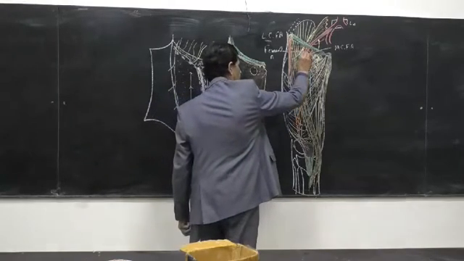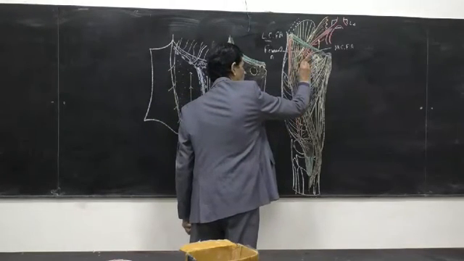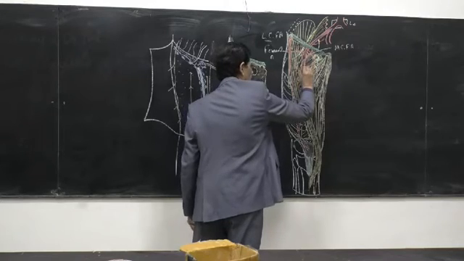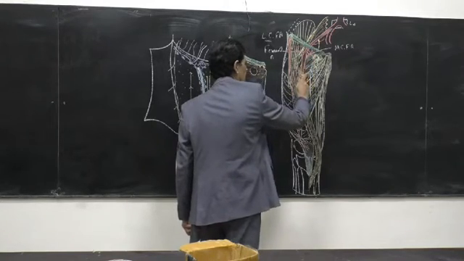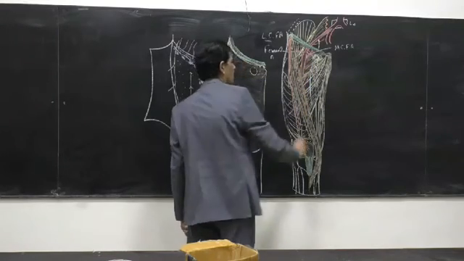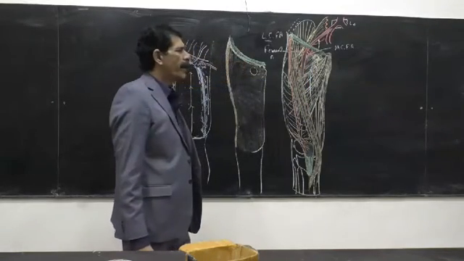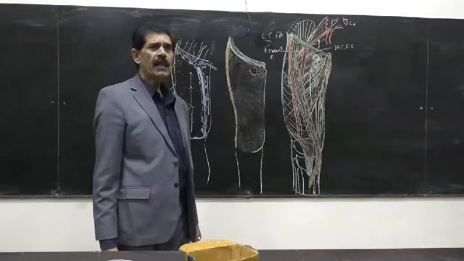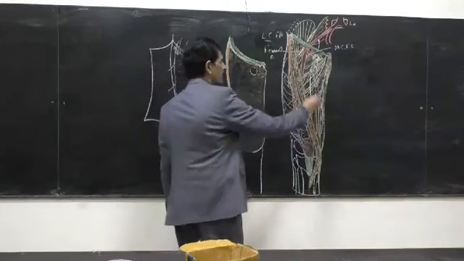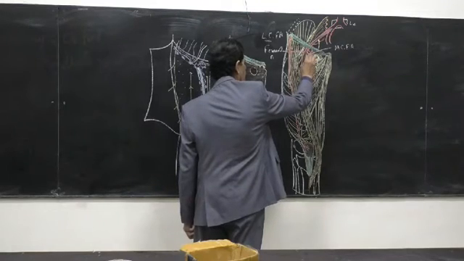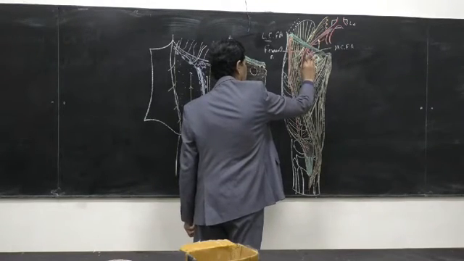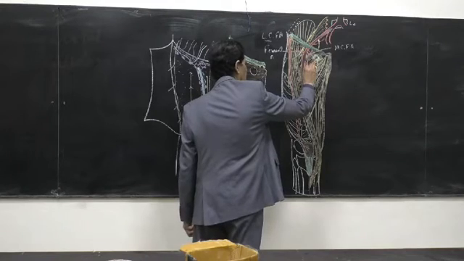Then the femoral artery descends downward to supply other muscles. Posteromedial to this artery, there is a very large branch.